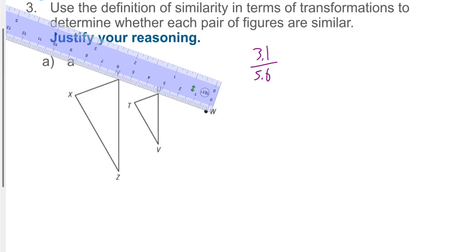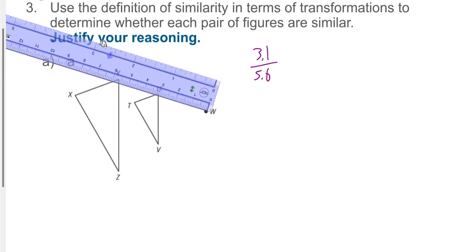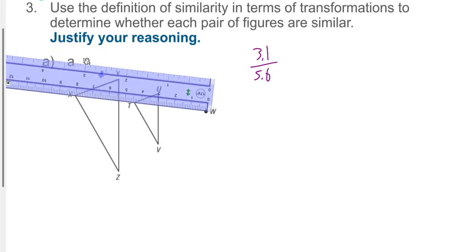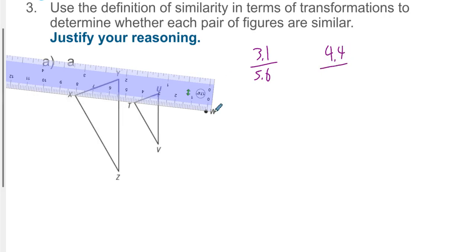And then I'm going to rotate this ruler a little. And the distance from W to T is 4.4. And then the distance from W to X is 8. So these aren't very nice numbers. I'm sure you might have gotten better numbers on yours, so just measure yours.